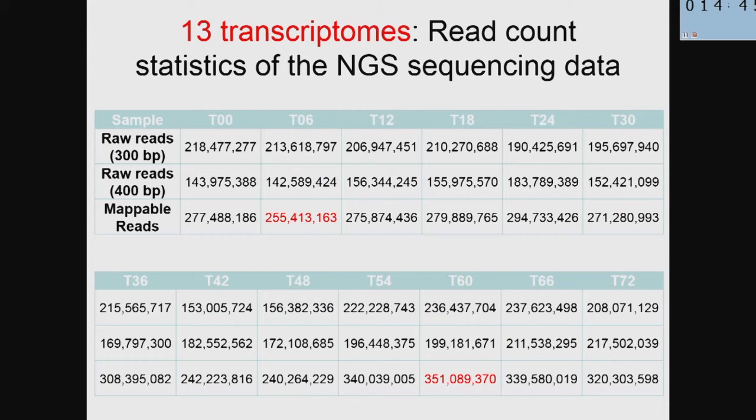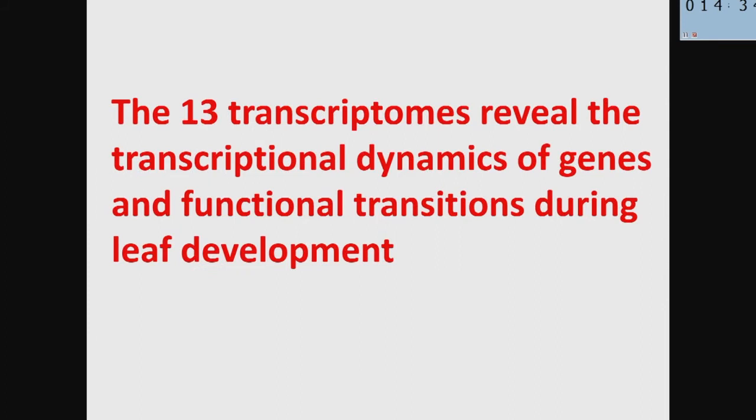These are the 13 transcriptomes, and 3 or 4 years ago, that was a substantial number of reads in each transcriptome. These 13 transcriptomes can reveal transcriptional dynamics of genes and functional transition during leaf development.